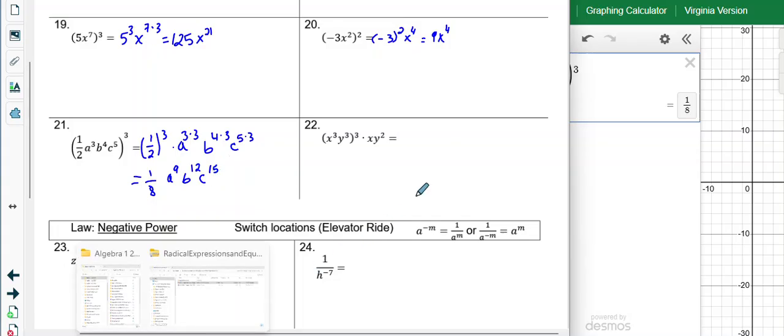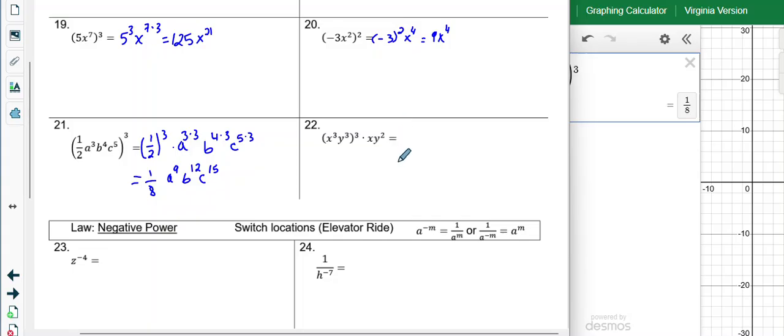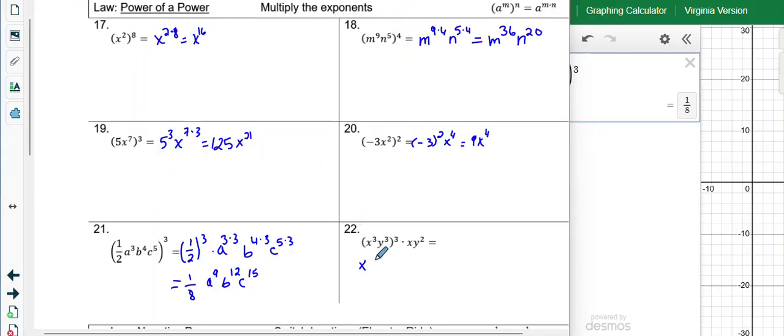Okay. All right. Wow, what's going on here? There's a bunch of different things, but it's okay. We'll take it step by step. Let's do the exponent first with the parentheses. So this is going to be 3 to the power of 3. So that's 3 multiplied by 3.